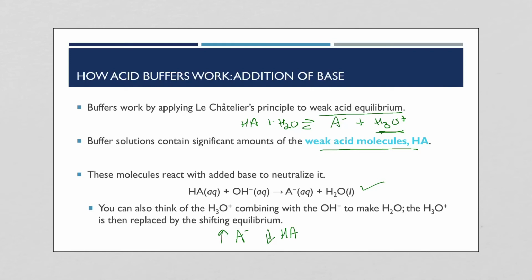And so, again, we see the A minus go up and the HA go down, and this original equilibrium that we talked about can compensate for that by shifting the equilibrium.